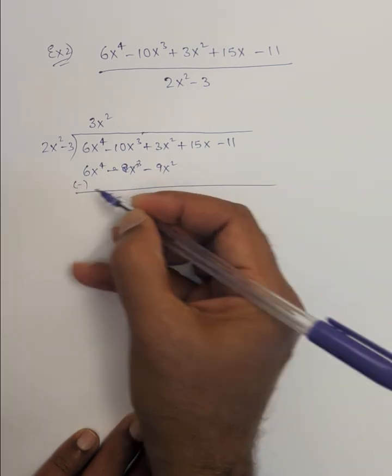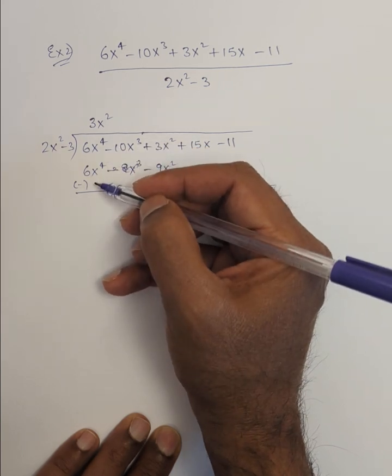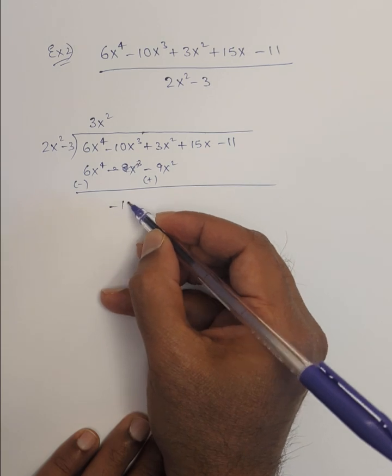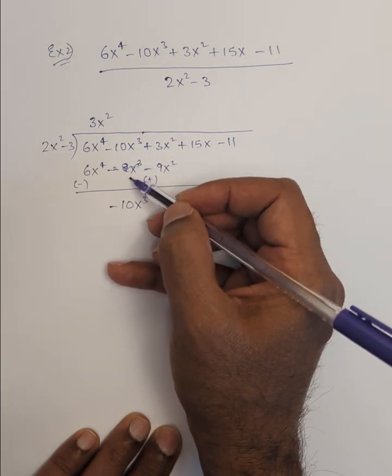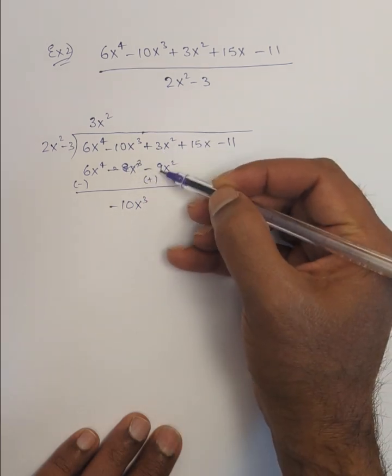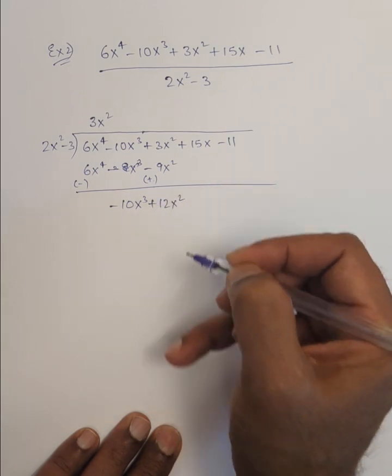All right, let's change the sign and add. 6x to the 4th minus 6x to the 4th, that's gone. But notice that this negative 10x cubed up there is not being added or subtracted. We move on to 3x squared plus 9x squared. We get plus 12x squared.